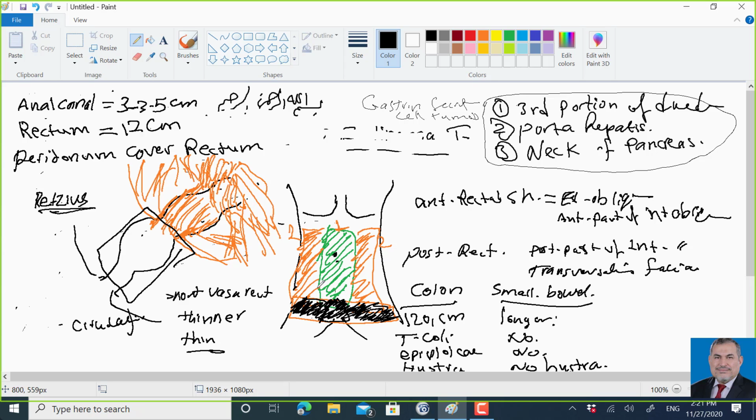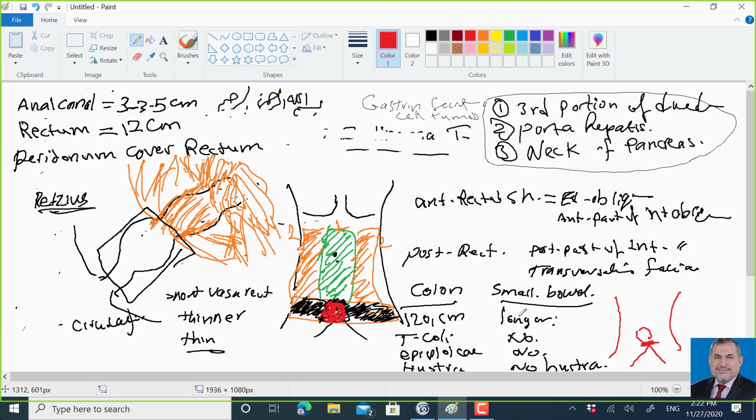Here is the space between pubis and bladder.